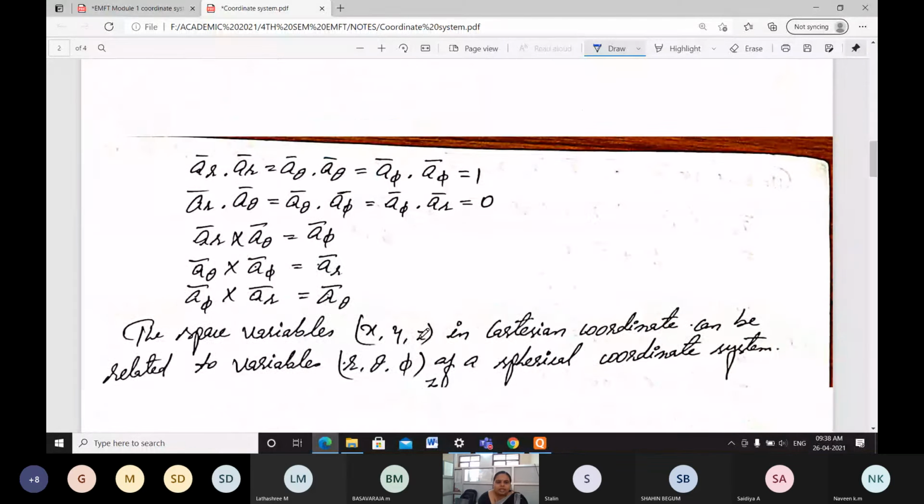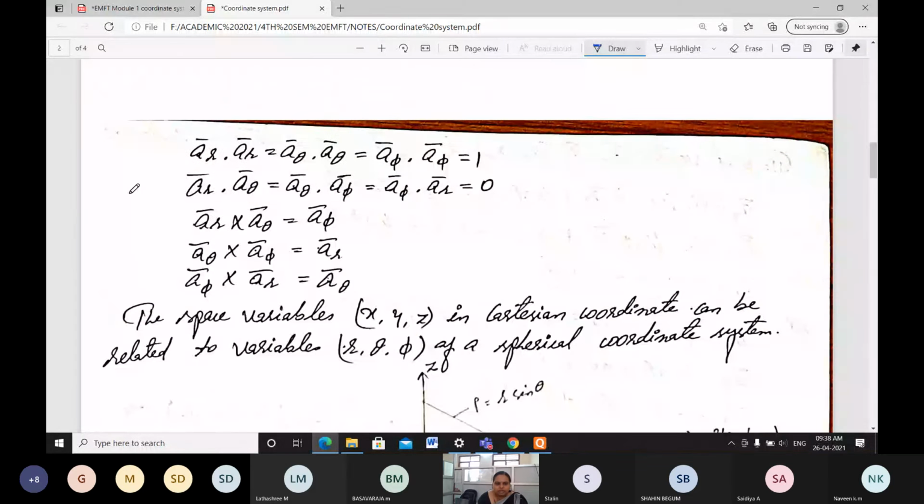Therefore, in terms of dot products, when they are the same, a_r dot a_r equals a_theta dot a_theta equals a_phi dot a_phi equals 1. When they are two different unit vectors, the value is 0.